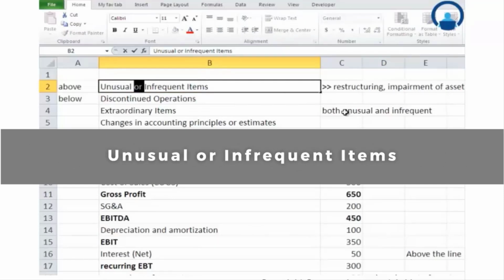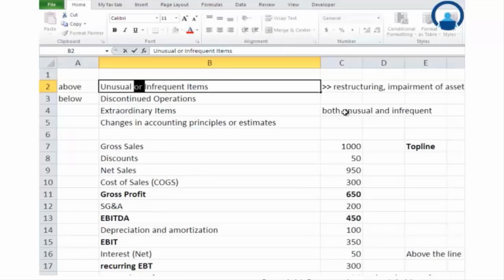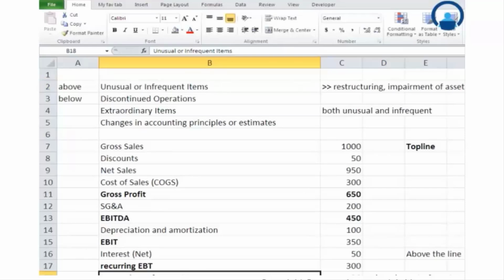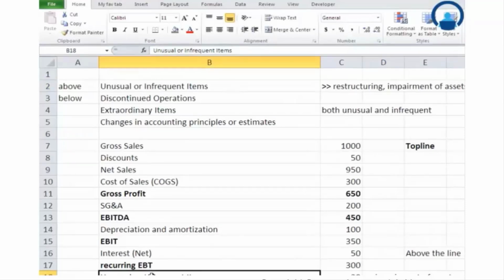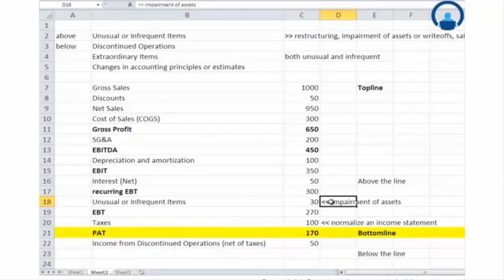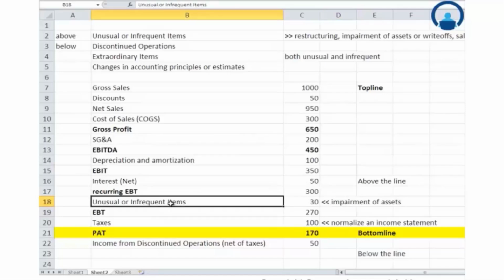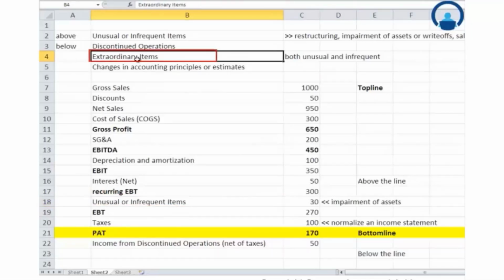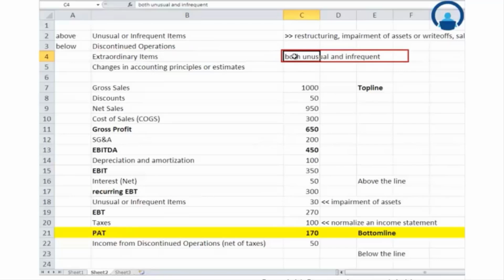So the items which are included here in line number 18 don't show both the attributes, they show only one attribute. So impairment of assets is unusual, but it is frequent. Many times the assets may get old and they may lead to impairments, so that item can be a frequent item, but it's an unusual item. However, extraordinary items are both unusual and infrequent.